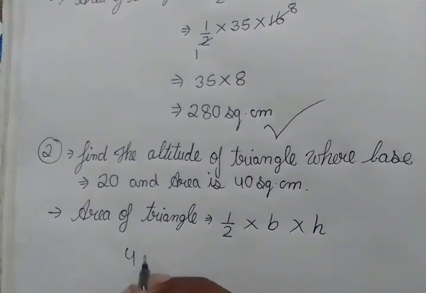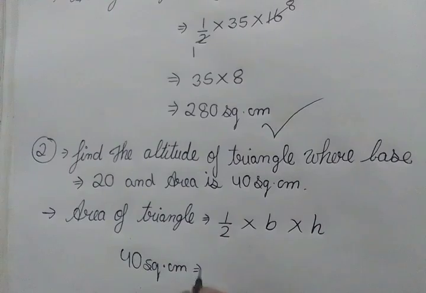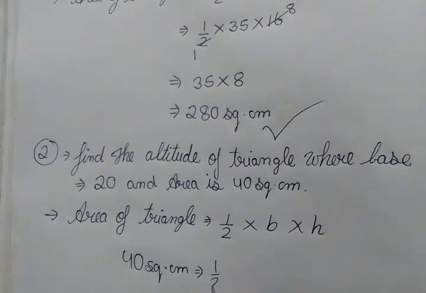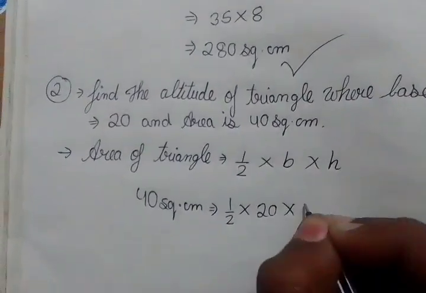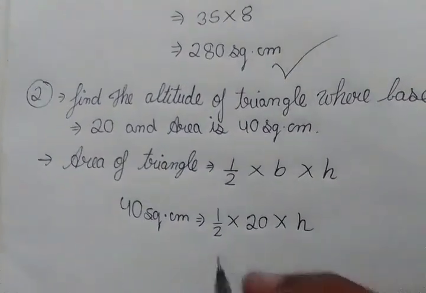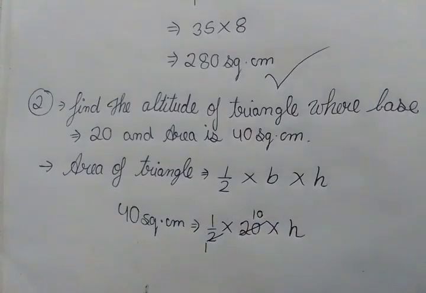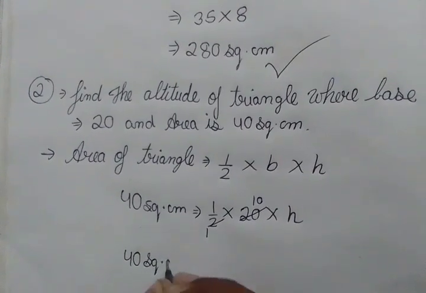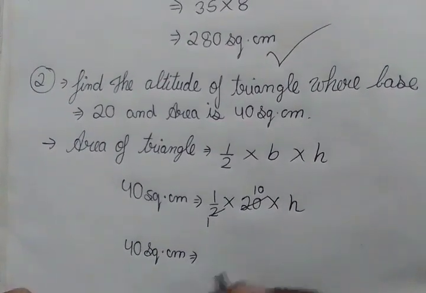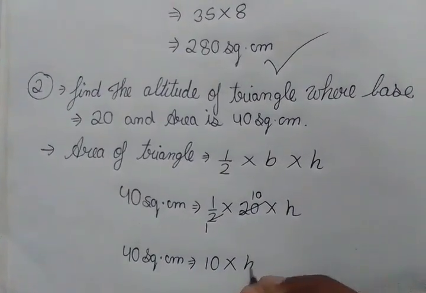Here we will write 40 square centimeter equal 1 by 2 into the base is 20 and height we are not knowing, so here we will write h only. Okay, now 2 1s are 2 and 2 10s are 20. So here we will write 40 square centimeter equal 10 1s are 10. So we will write 10 only and h.